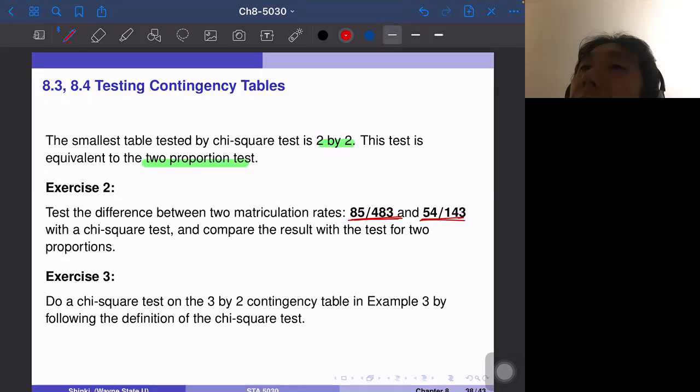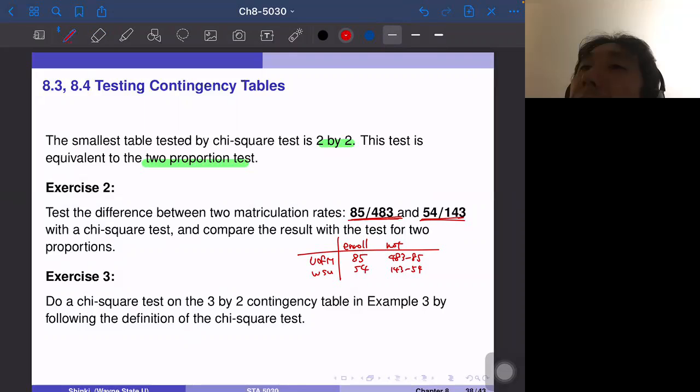If we make a contingency table of enrolled and not enrolled, for U of M and Wayne State, we get 85 and 483 minus 85, and 54 and 143 minus 54. Then we have a 2x2 contingency table, so we can do a chi-square test.